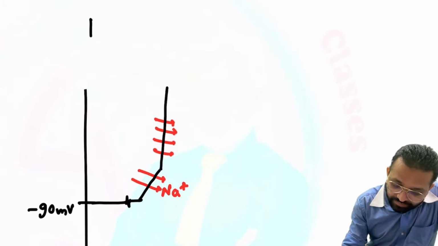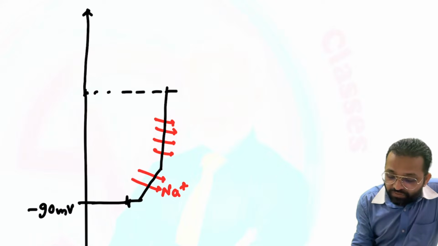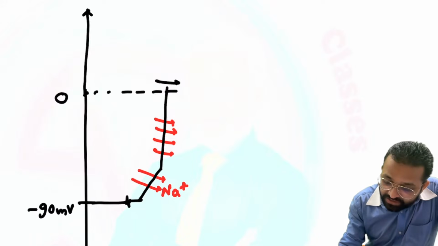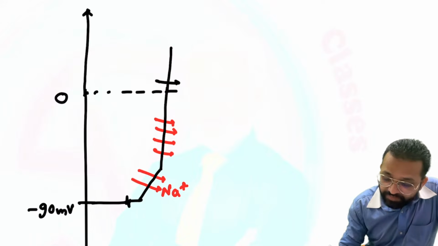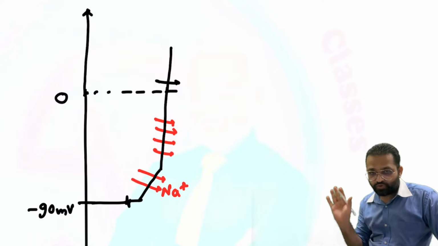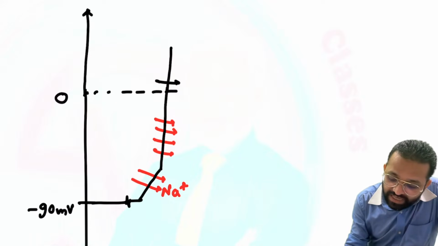Now suppose this is 0 millivolt. Still the sodium ions are coming inside, so this curve is rising up. But then there is one limit. Now the sodium channels are getting closed.